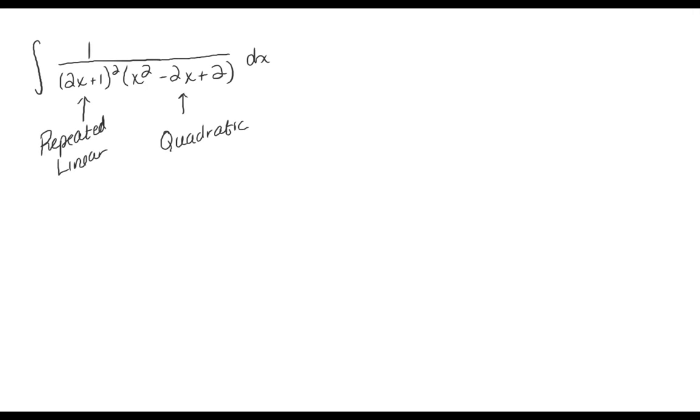And so I'm going to set this up as one fraction for each power of the repeated factor up to however many there are. So that should be A over 2x plus 1, with constants in the numerator, plus B over (2x plus 1) squared.